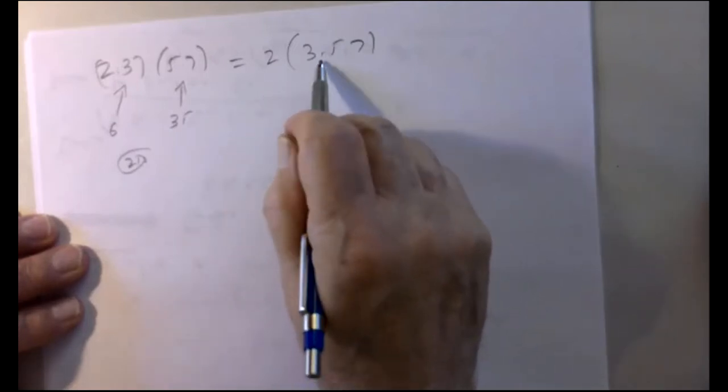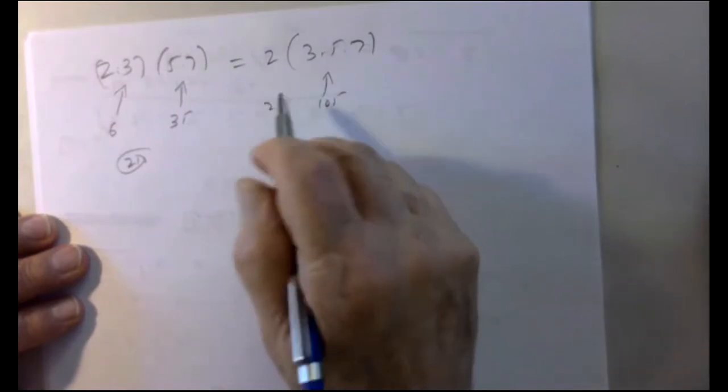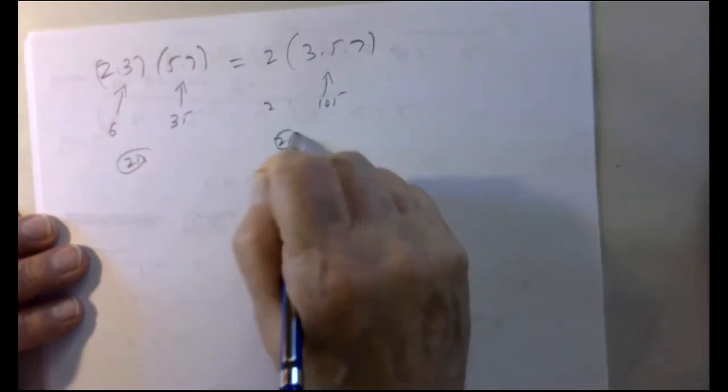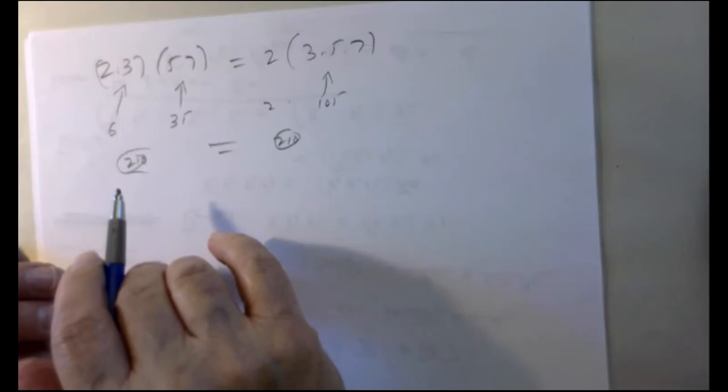And here, this is 105 times 2, and when you multiply them, you get 210. They're equal. So that's a numerical instance of what is being stated in the theorem.